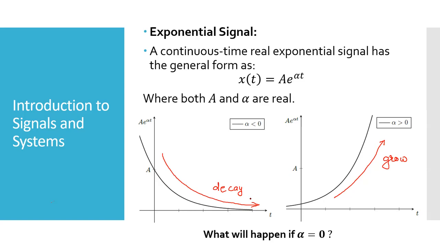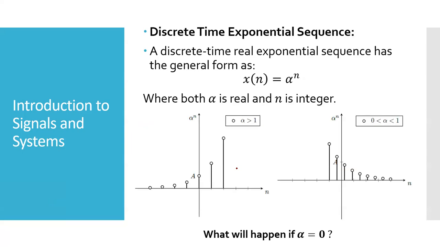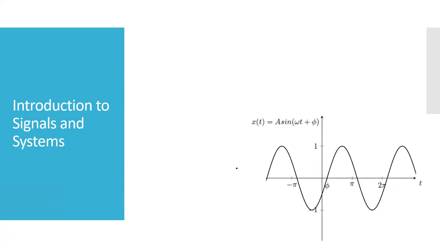If your response decays over the period, you call it a stable system. If the transfer function of the system gives you a growing exponential, then you call it unstable. We will talk about stable and unstable systems later on, not now. But these exponentials help you understand the nature of the system, whether it is stable, whether it is unstable, or what.